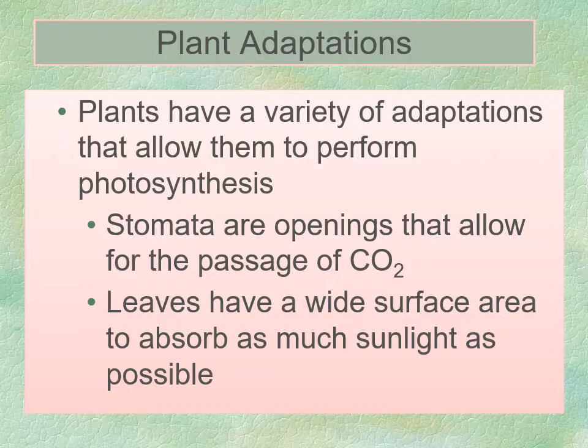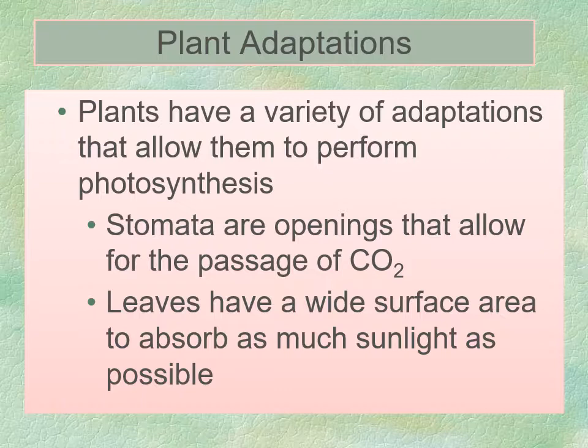Now plant adaptations. Plants have a variety of adaptations that allow them to perform photosynthesis. One of the adaptations is called the stomata, which is an opening that allows for the passage of CO2. And it can pump water in and out of the stomata to open and close it. If it is a time of day where they don't want to lose the CO2, they can close their stomata and hold CO2 in.